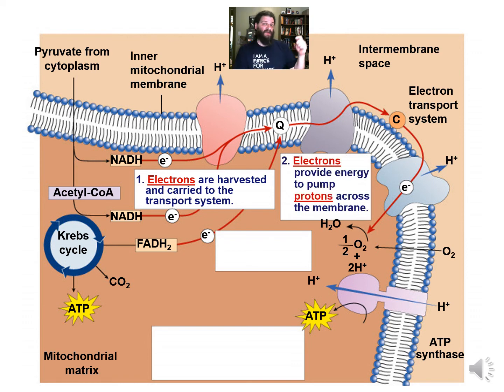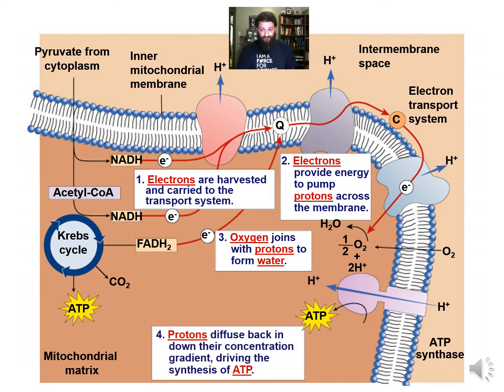The electrons being moved from proton shuttle to electron carrier to proton shuttle through that whole process, down the electronegativity from one to the next, is going to allow for the movement of the protons across the membrane. And oxygen is that final electronegative electron acceptor forming water.